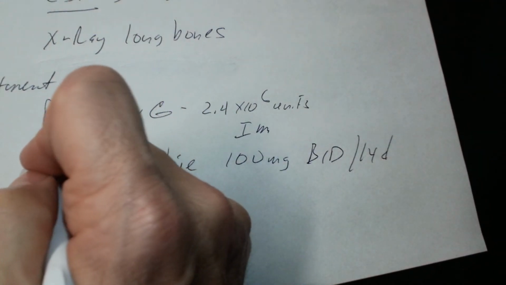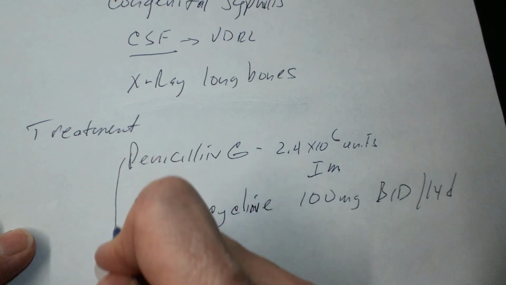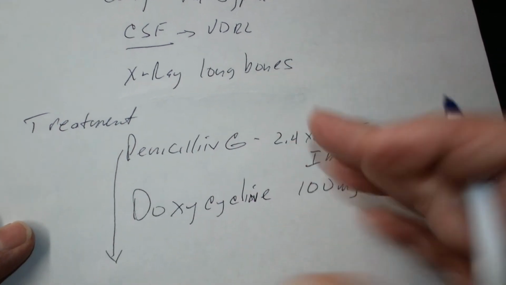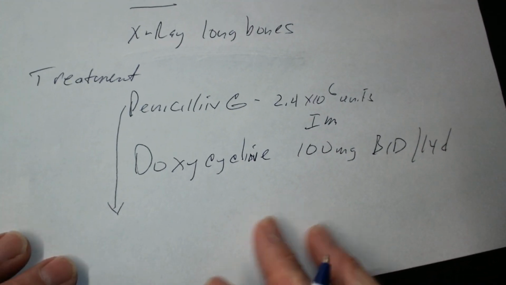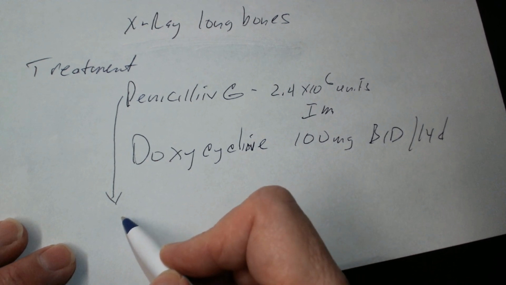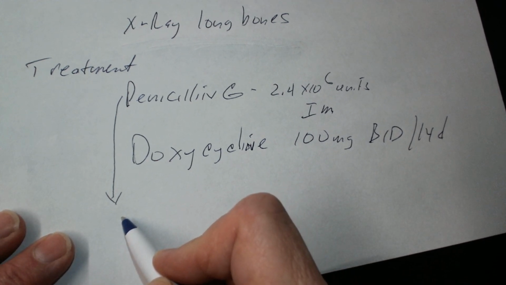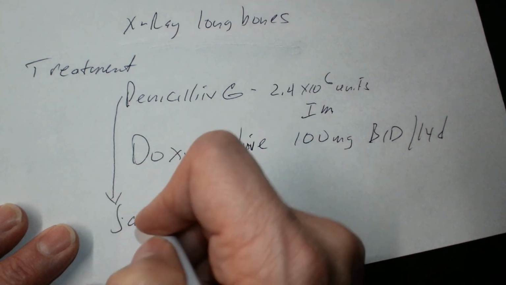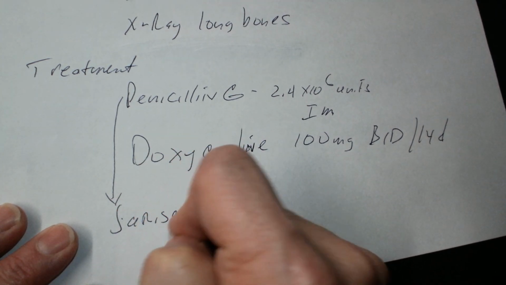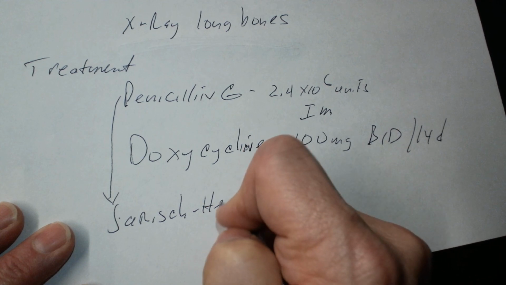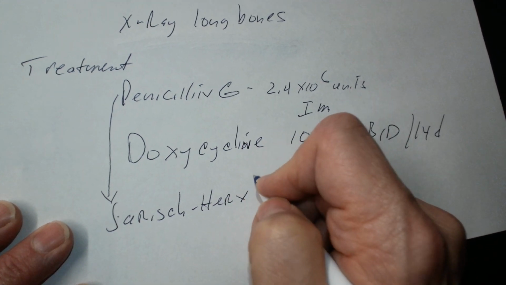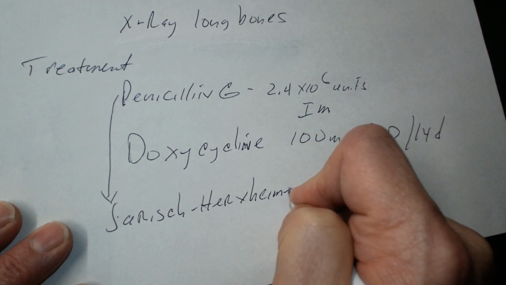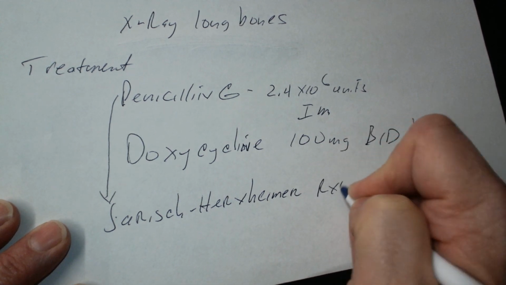If you use penicillin G, this can blast apart the treponemes so effectively. You might have the immune system going into overdrive. That's called the Jarisch-Herxheimer reaction.